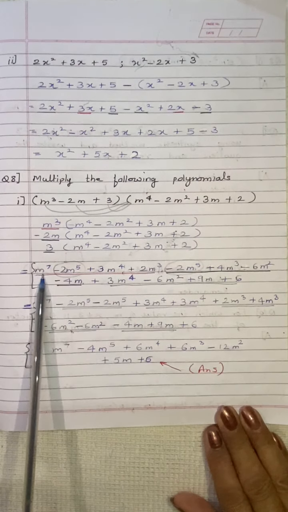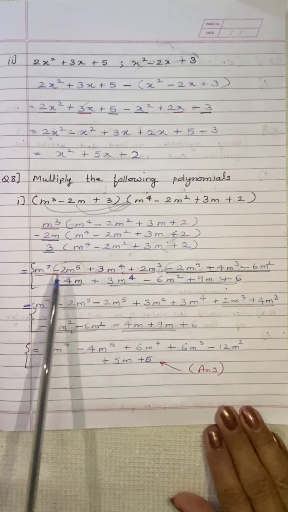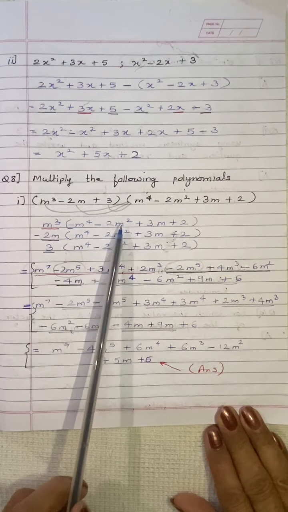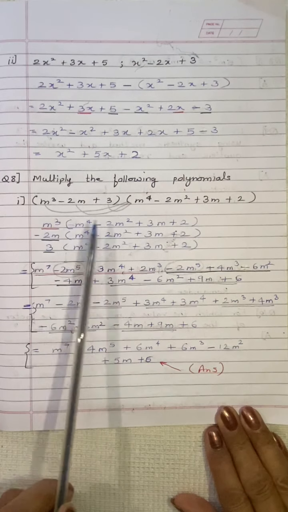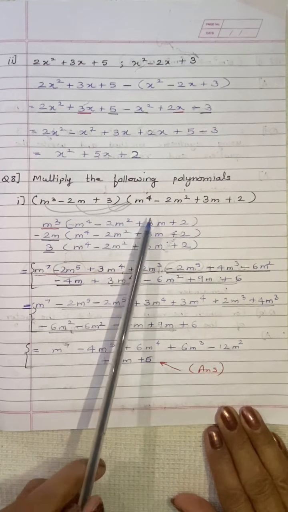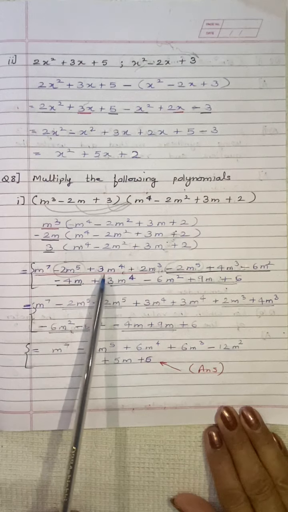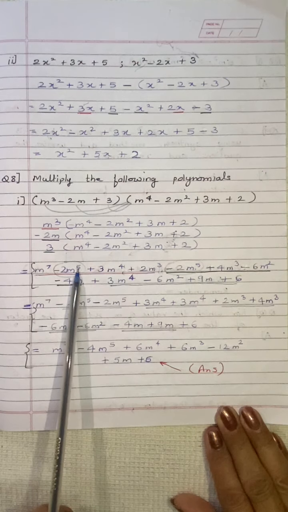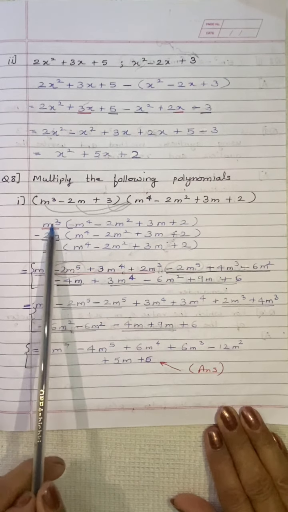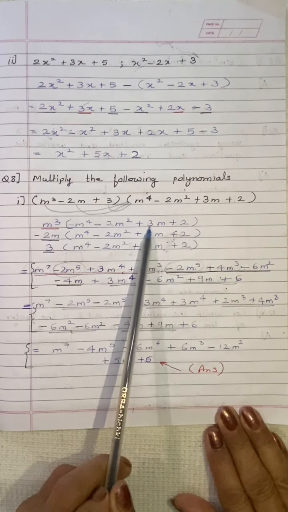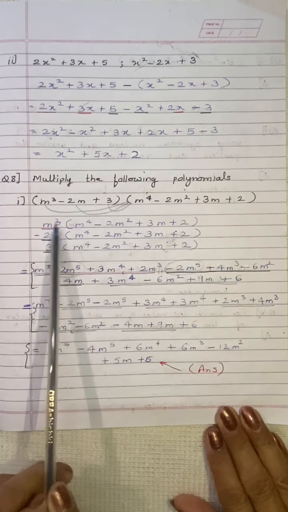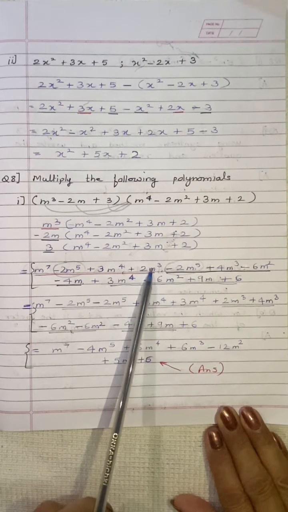We get the answer as 3 plus 4 is 7, m raised to 7, then minus 2m, exponents will add, 2 plus 2, m raised to 5, and then 3m raised to 4 and 2m raised to 3.